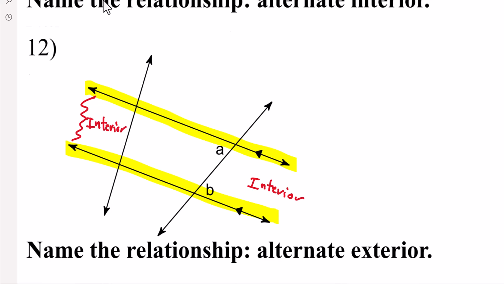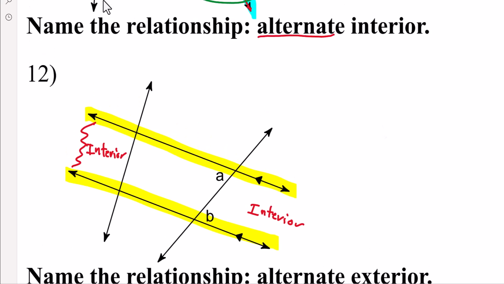All right? And notice it says alternate interior. Well, look at what we have here. Angle A is on the left side. Angle B is on the right side. Well, those are alternate sides.